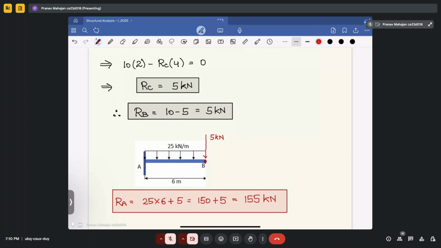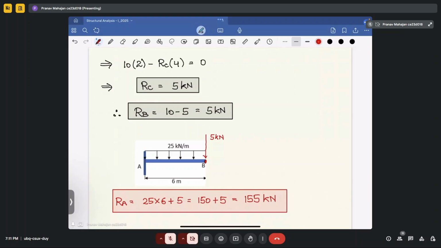So what we did in this session, we have solved the problems related to shear force and the bending moment diagram.